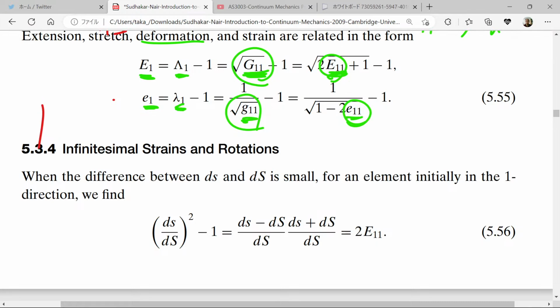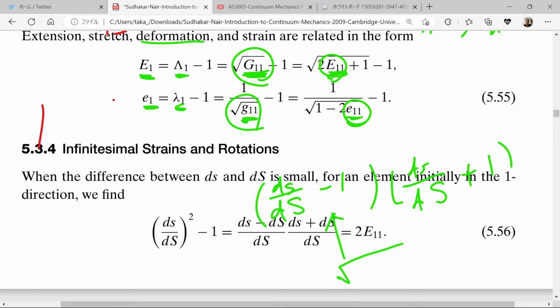This is more like ds minus d large S, ds plus d large S. Yeah, then that means we go by large E. So this is more or less square root of 2E11 plus 1 minus 1.